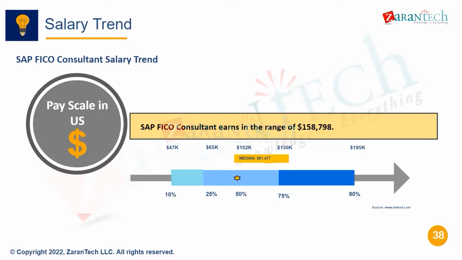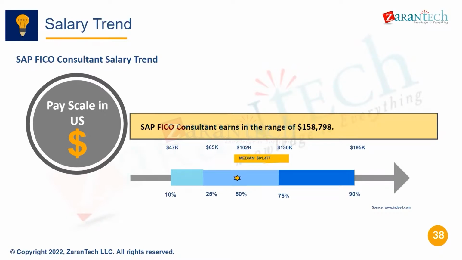It depends on person to person how fast you can grasp and practice and improve your knowledge, and you can grow on the career ladder. You can start as a junior consultant, and after 2 or 3 years you can go to the senior level and team leader, project manager, like this.